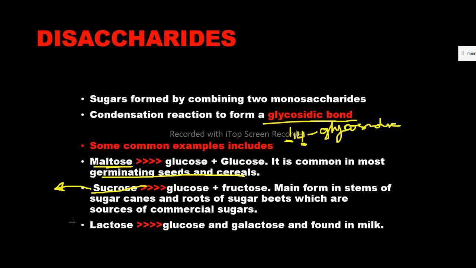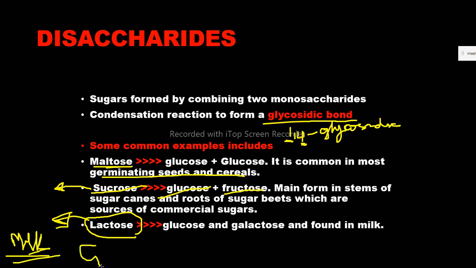So you take this sucrose frequently, and we discovered that it is made up of glucose and fructose. Then we saw lactose, and we discovered that this is milk sugar, and it is formed from condensation of a glucose molecule and a galactose molecule. So that's basically where we stopped.